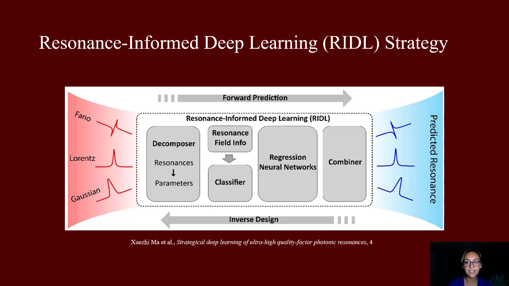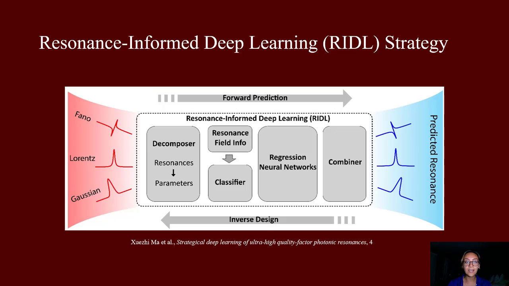With the RIDL strategy, this can be applied to Fano, Lorentz, or Gaussian resonances. This makes its first stop at the decomposer. This is where a spectra is decomposed with an adaptive data acquisition method. This method uses training data to describe spectra with resonances using a small amount of data points.